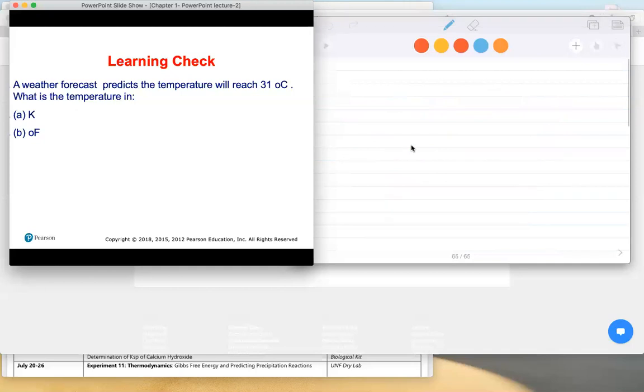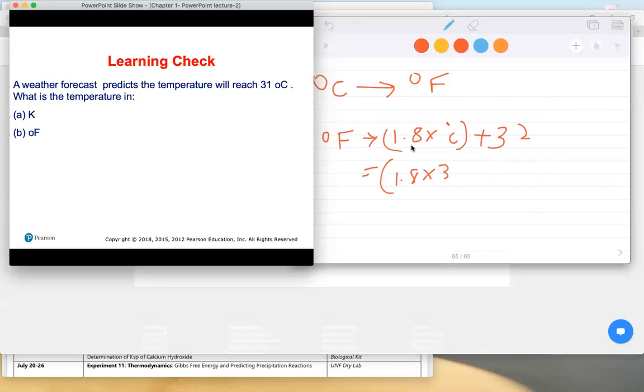The other one is I want to change to degrees Fahrenheit. Degrees Fahrenheit is given by 1.8 times degrees Celsius plus 32. I'm just going to multiply 1.8 times 31 first, before I add 32.